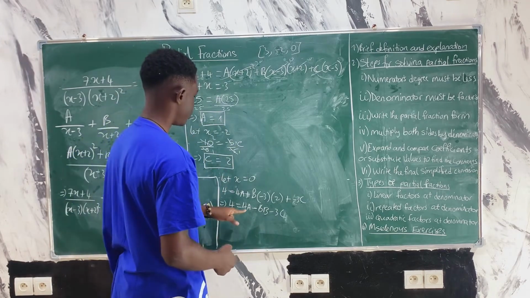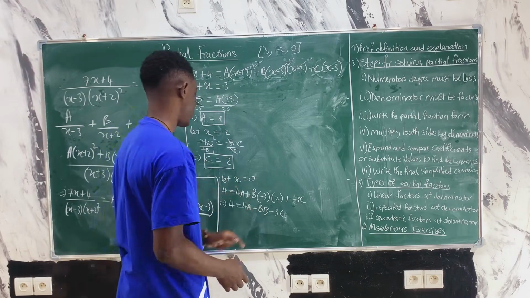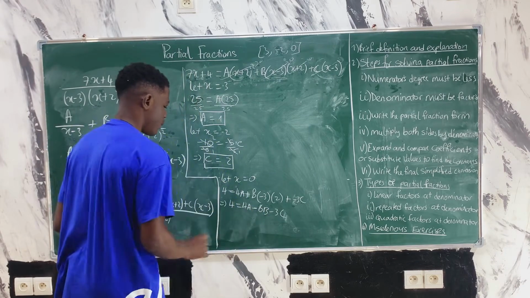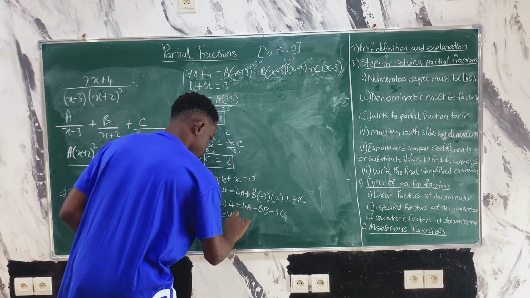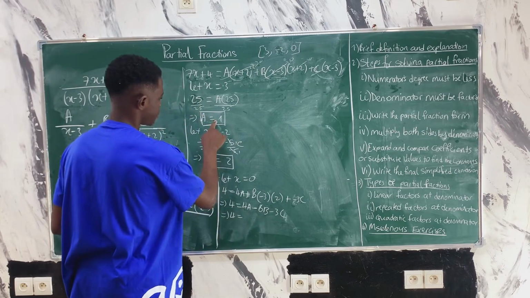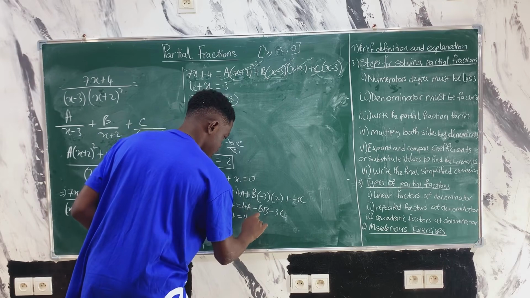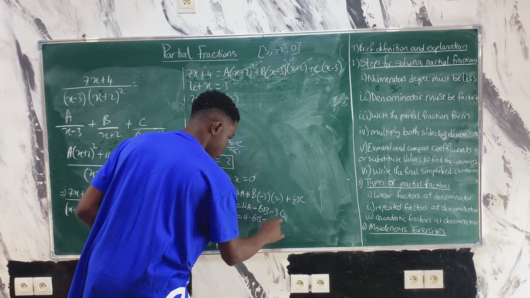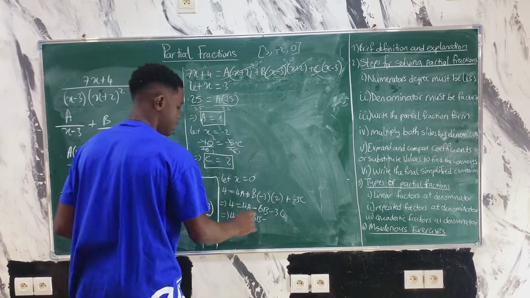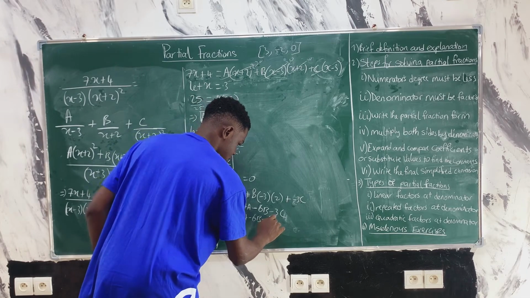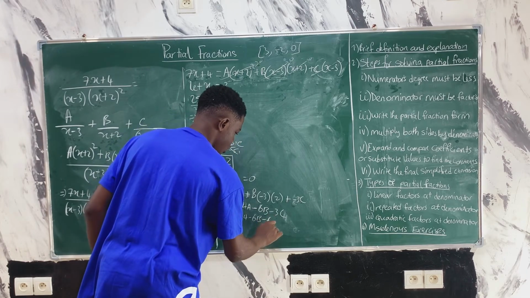I have a as 1, I can put 1 here. I have c as 2, I can replace my 2 here and find b. So this will imply 4 is equal to 4 times 1, 4, minus 6b, minus 3 times 2 is 6. So I just put my 6.